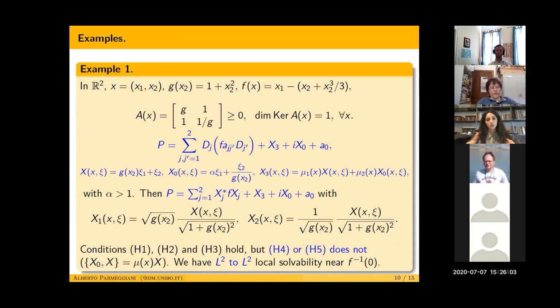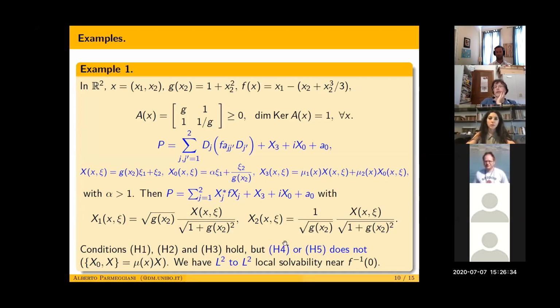So let me just very briefly, because the time is running away. This is just to show you that the Beals-Fefferman class of operators falls into this kind of normal form, because they assume that the coefficient function appearing here has constant dimension in the kernel. This is a kind of toy model, but anyway, you can always find a situation in which you have this kind of sum of squares.